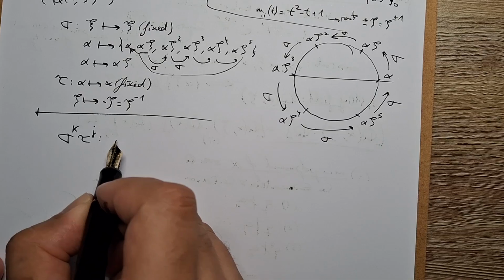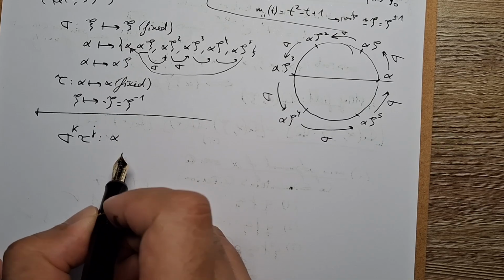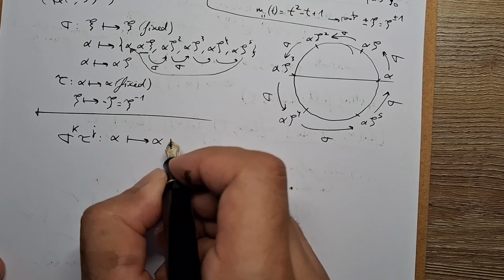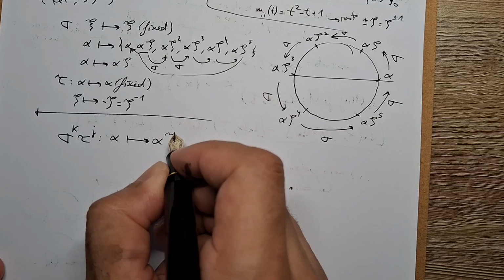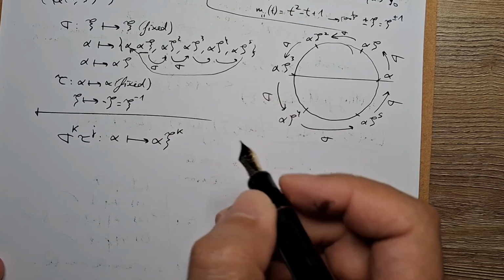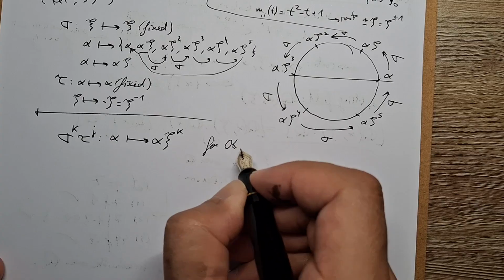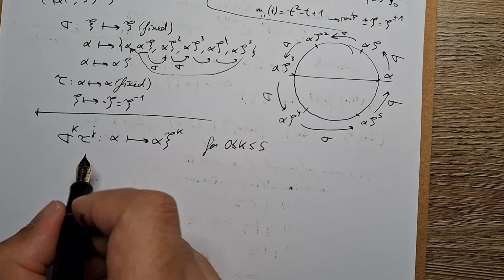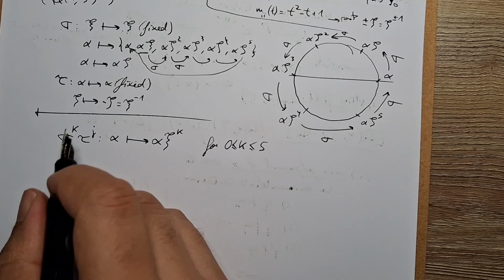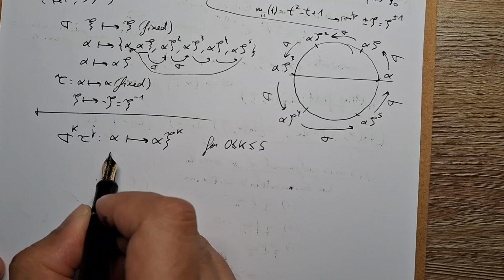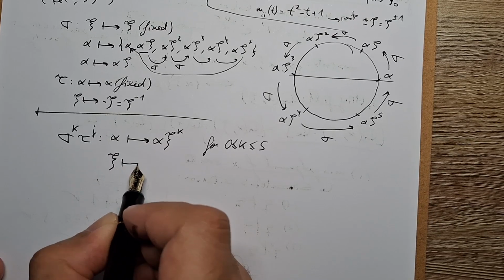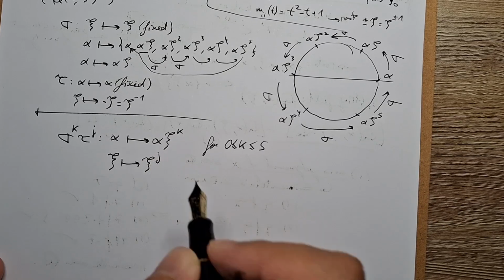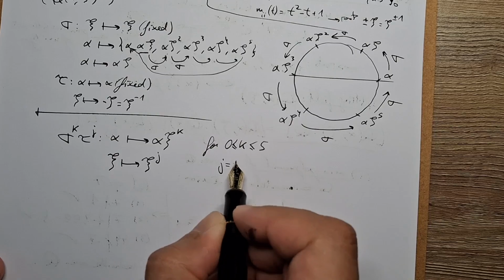And when you apply this to alpha, this has the effect of sending alpha to alpha multiplied by theta to the power of k, for k between 0 and 5, both included. And when we apply this combination of Q-automorphisms to theta, this is sending theta to theta to the power of j, with j being plus minus 1.